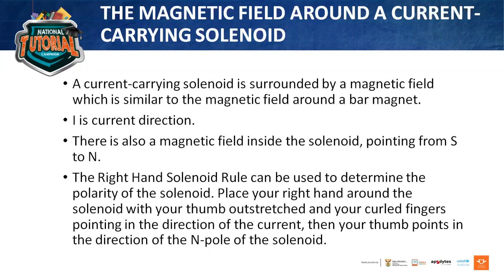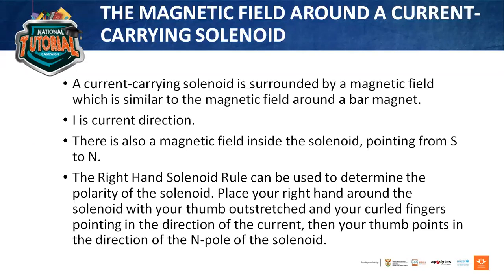Okay, so the right-hand solenoid rule can be used to determine the polarity of the solenoid. Place your right hand around the solenoid with your thumb outstretched and your curled fingers pointing in the direction of the current. You see, guys, always your thumb points in the direction of the current.